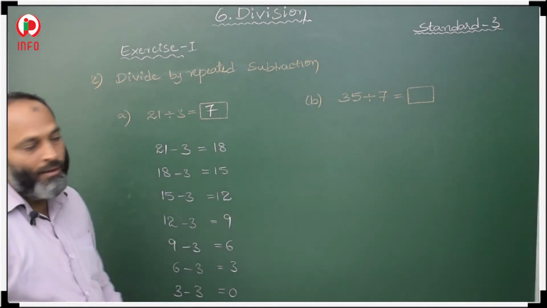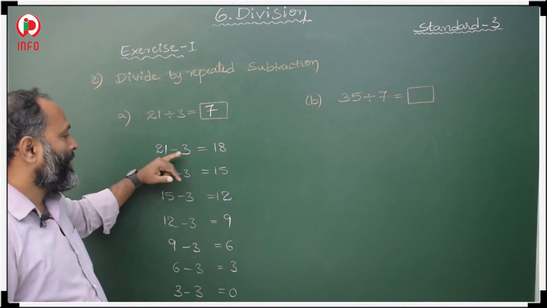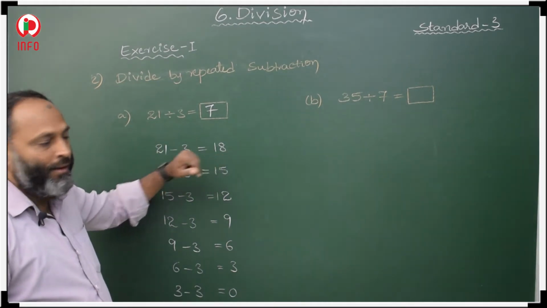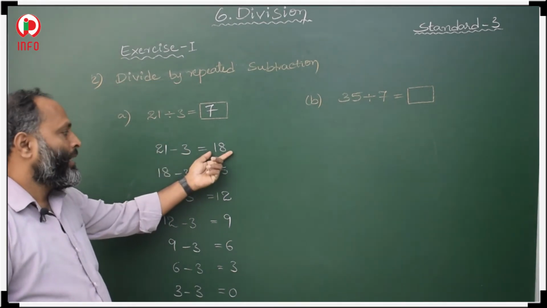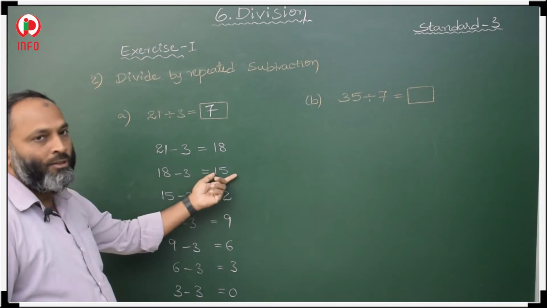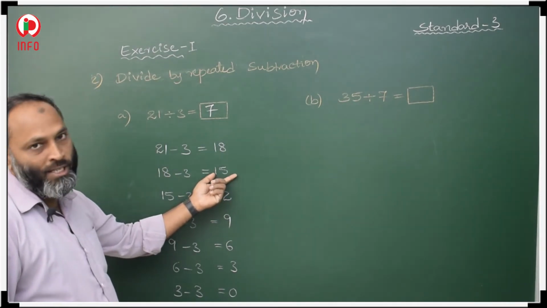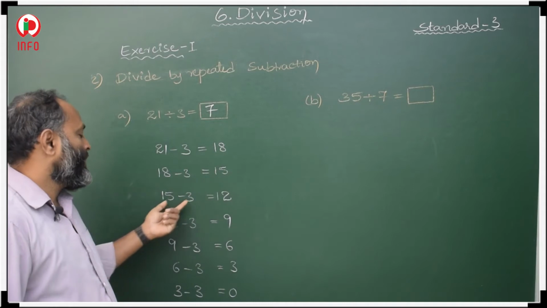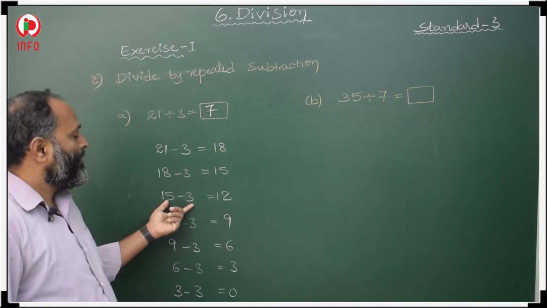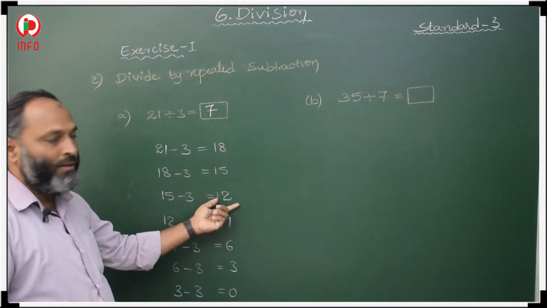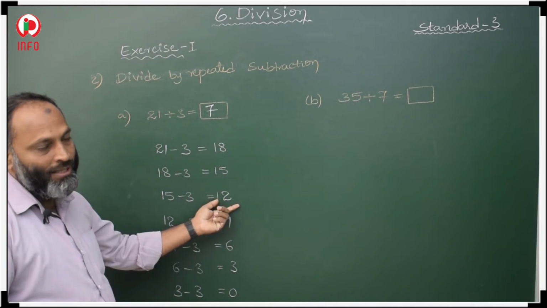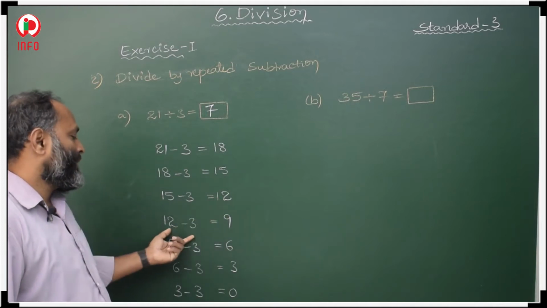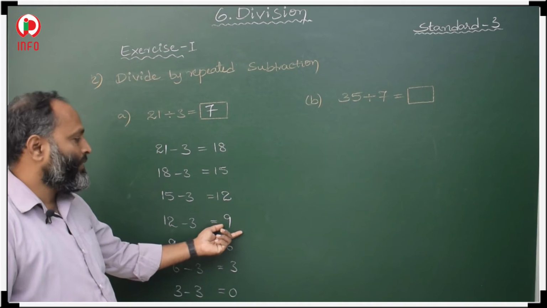Simple. First we take 21 minus 3 and this is the difference. Again difference minus 3. 15 is the difference in the second step. And 15 minus 3 in the third step is 12, so 12 is the difference in the third step. Then 12 minus 3, 9. 9 is the difference in the fourth step.